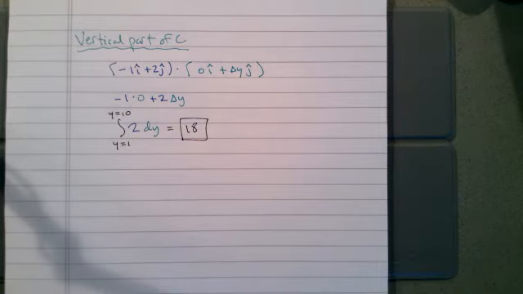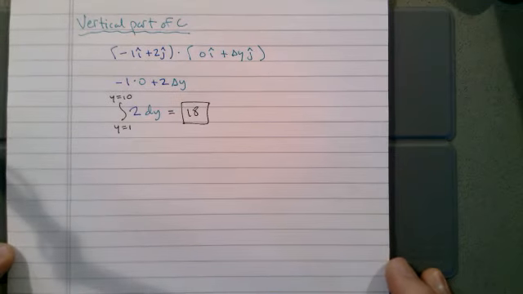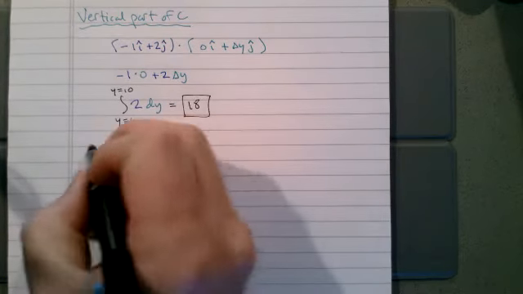On the first one, the vector field is pushing against the curve. On the second part, the vector field is pushing with the curve. And with different magnitudes, even though the length of the path was the same.